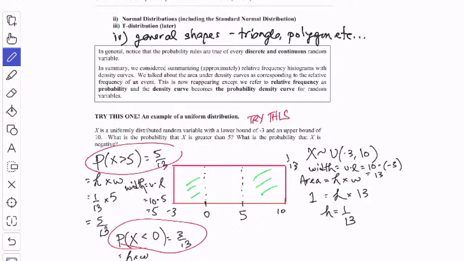You should know the area of a triangle, and I'll give you the formula, so you'll have those to work with.